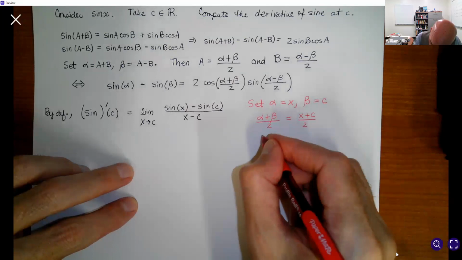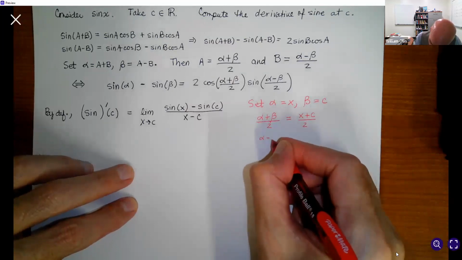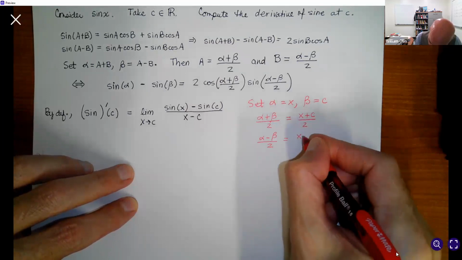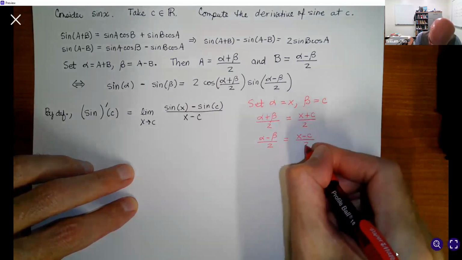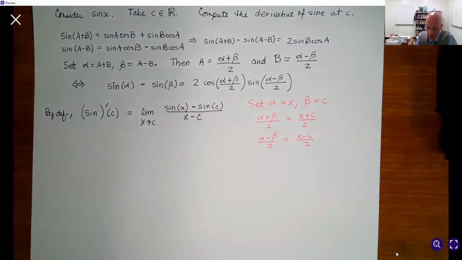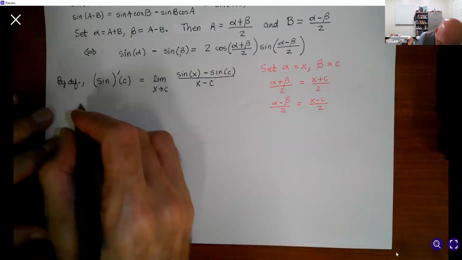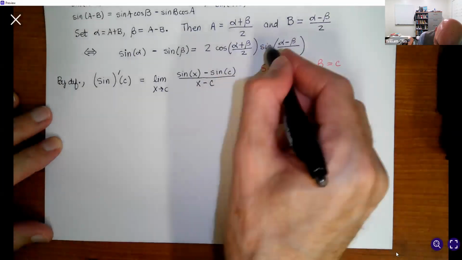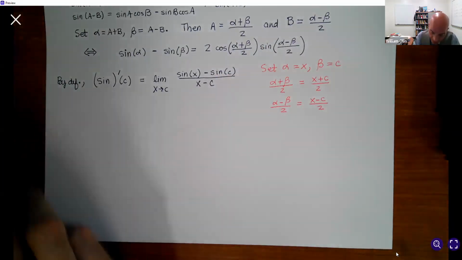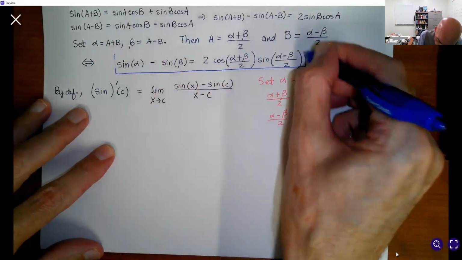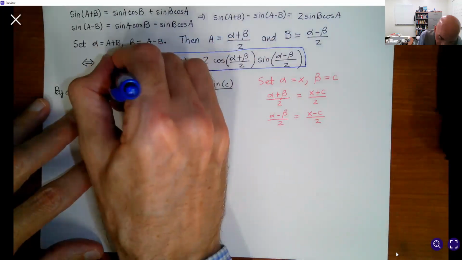And alpha minus beta over 2 will be x minus c over 2. And then we'll get to use a special limit. Now notice we have this identity, which is really what we need algebraically.